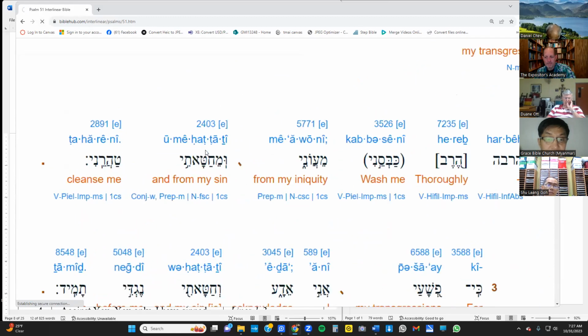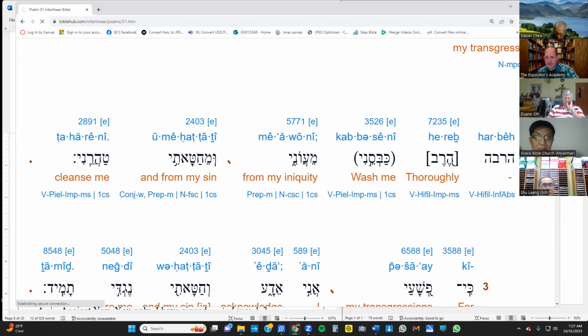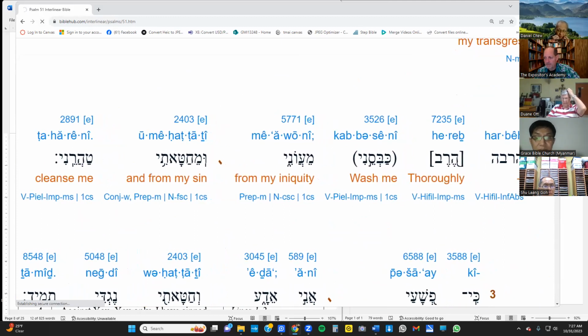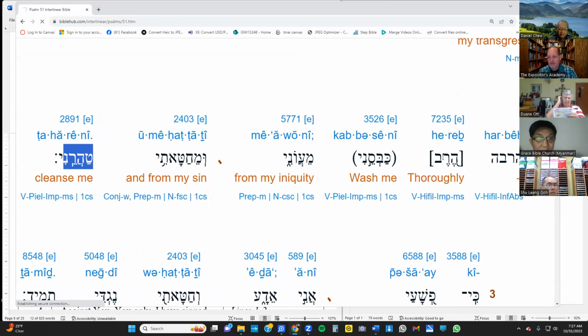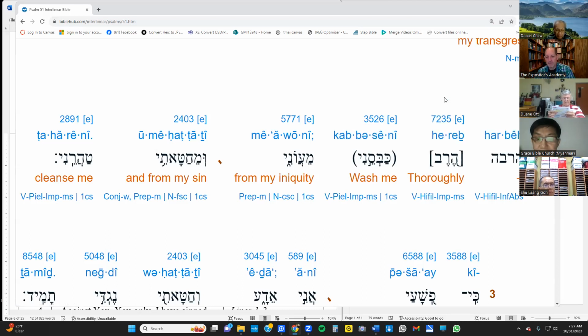All right. Can you guys see this on the screen okay? Is that big enough? Yes. Okay. The black words are the Hebrew text, and the red is the interlinear definition, the dictionary definition of that word. And then of course we have the Strong's number at the top where you can get more information.